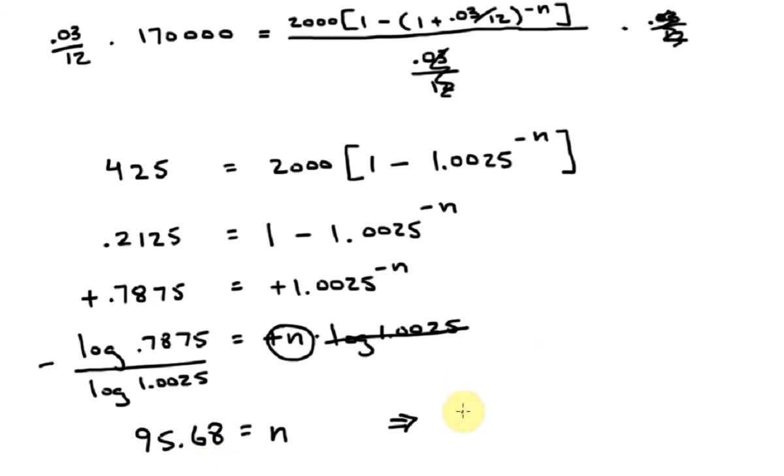But if you want, you could take the number of months and divide by 12, and then it becomes the number of years. That's probably a little bit more reasonable for most people. They like to see something like this. All right, so just under 8 years, and you will have paid off your loan. So that's a very nice answer and very reasonable.